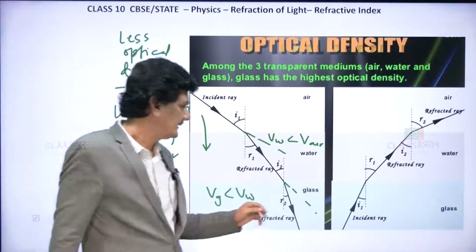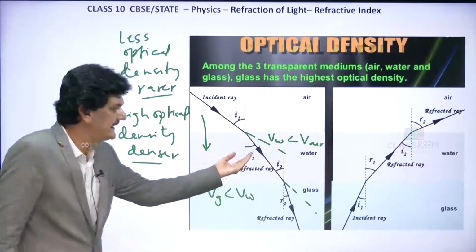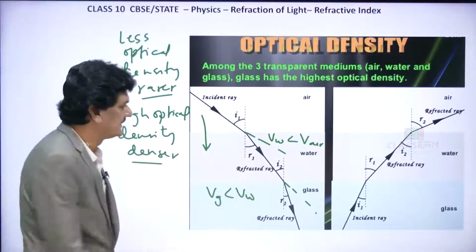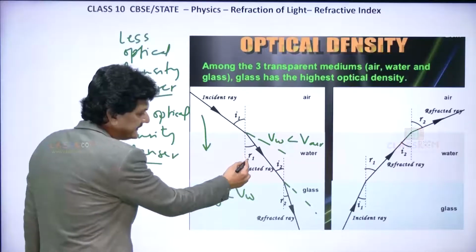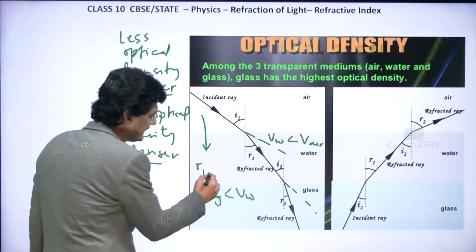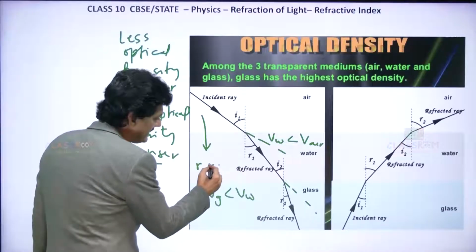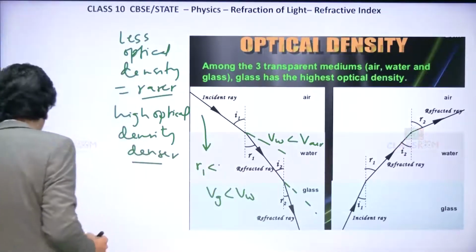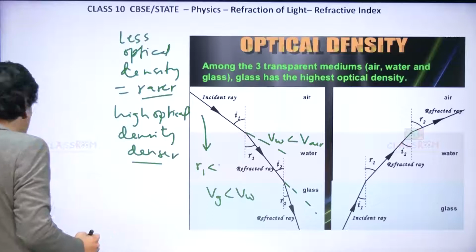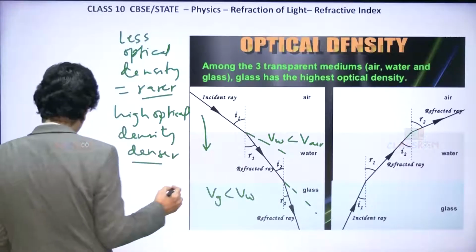And what is happening now? See, angles of refraction are decreasing. You will also find that R1 is greater than R2, or R2 is less than R1. Angles of refraction are decreasing considerably.